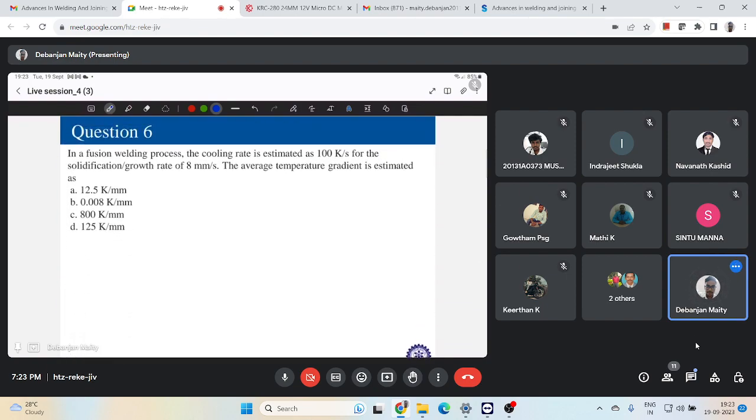This is also a very small kind of question. You have your cooling rate, which has been estimated as 100 Kelvin per second, and you have your solidification growth rate, 8 per second. What do you need to find out? The average temperature gradient.